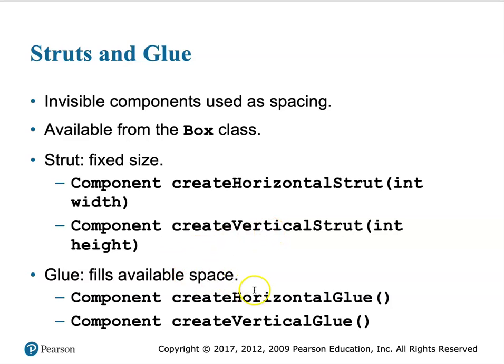And we can also create horizontal and vertical glue. So struts are used to push things apart and glue is used to fill up space. And that can also necessitate creating a lot more objects, but can give you control over tweaking the way the interface is supposed to look.